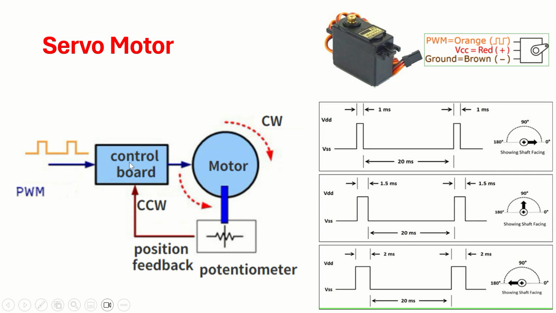So it will be a feedback: you have given some pulse, it will make some displacement, and then the potentiometer also rotates. Whatever is the desired value, whatever is the measured value, if there is any percentage of error, again the motor will rotate till that error becomes zero.